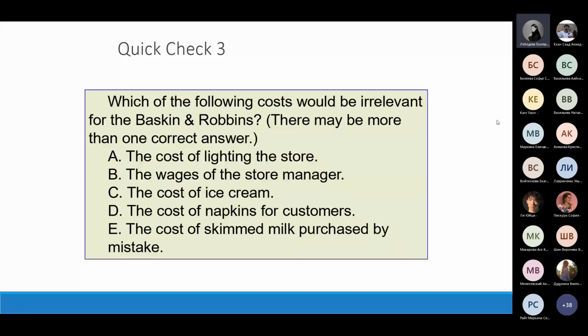So, could you please tell me which one would be irrelevant cost for Baskin and Robbins, and why do you think so? So how do you understand this definition of irrelevant cost?